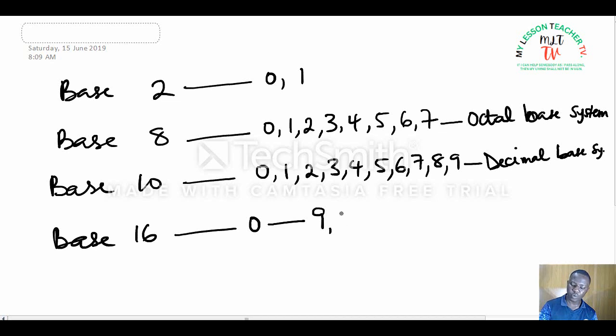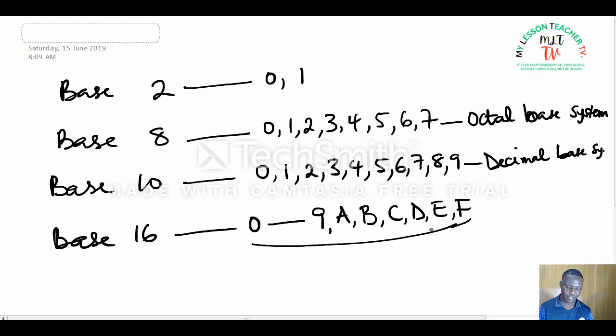In continuation, we have A, B, C, D, E, and F to make up the other 6 digits. We said it is also known as the hexadecimal number base system.